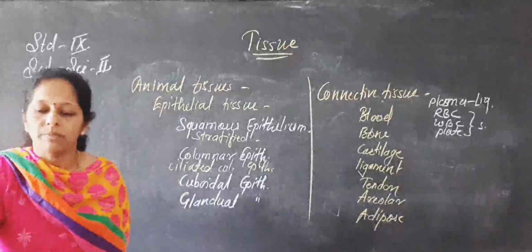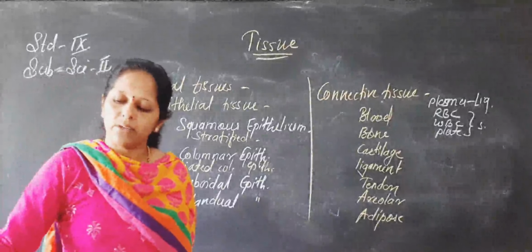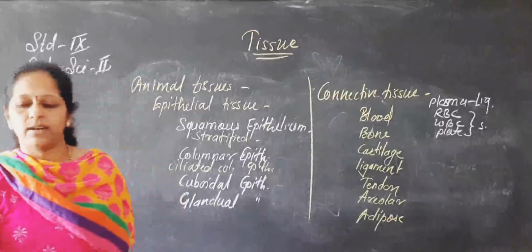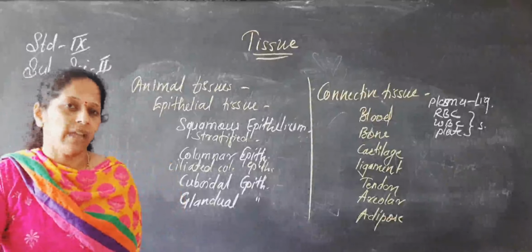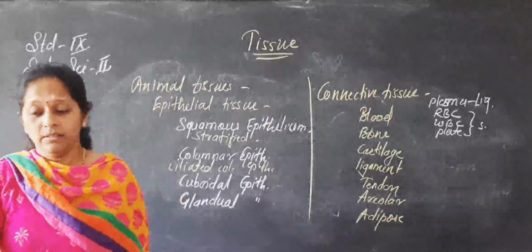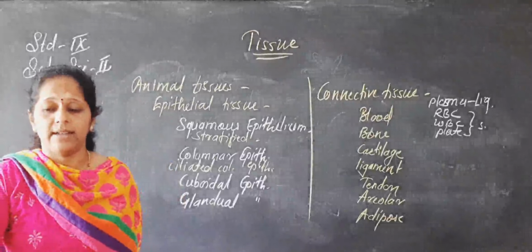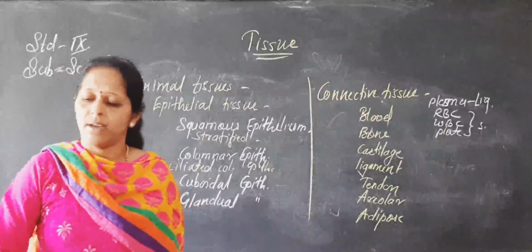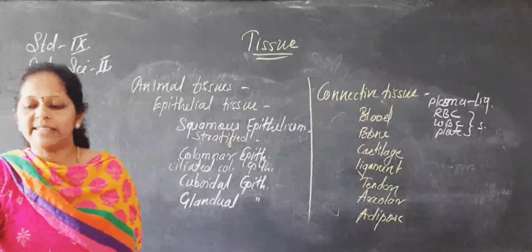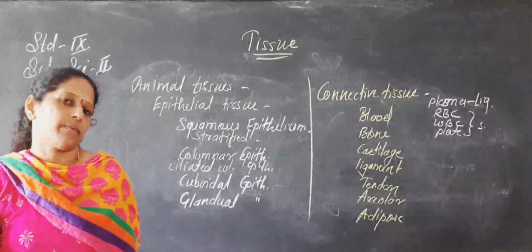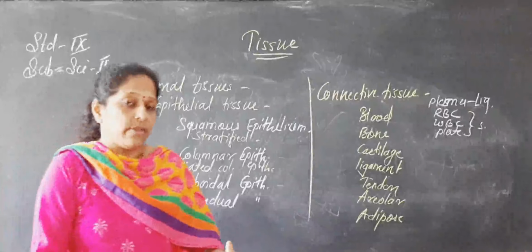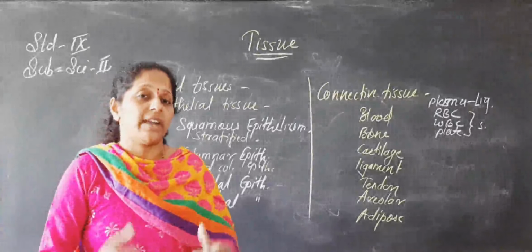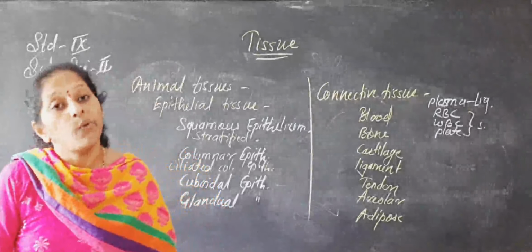Next one, bone. Bone is another example of connective tissue. It forms a framework that supports the body. Bone is a very rigid or hard structure, and it forms a framework that gives support to our body. It also anchors the muscles and supports the main organs of our body. We are standing with the help of our bones only.